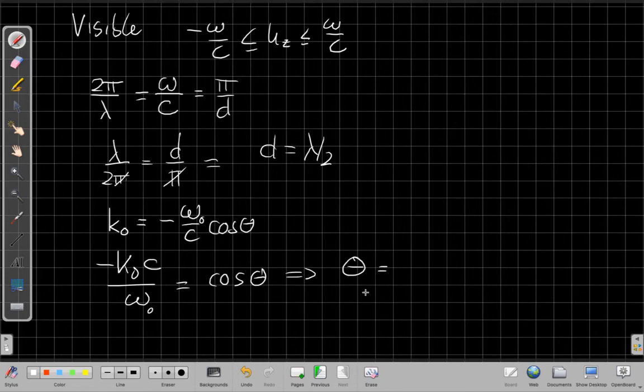And so I could figure out the angle for that plane wave. I'd get omega naught from the graph, then convert k back by taking the arc cosine of minus k naught c over omega naught. As long as I'm in the visible region, this argument will be between plus and minus 1, and theta is a well-defined angle.